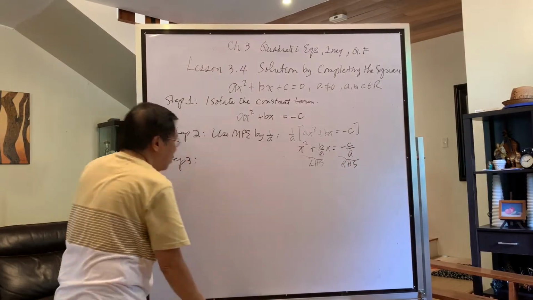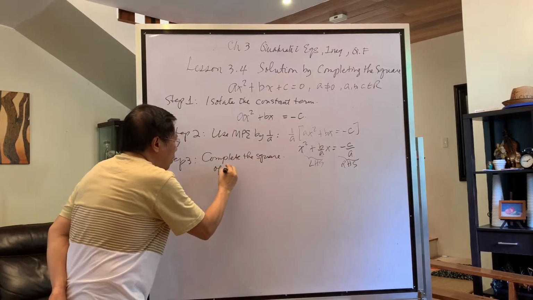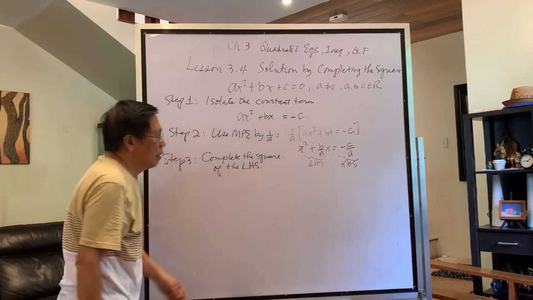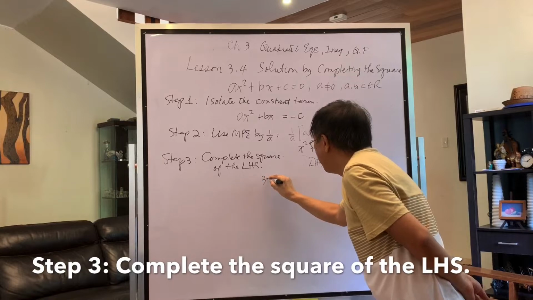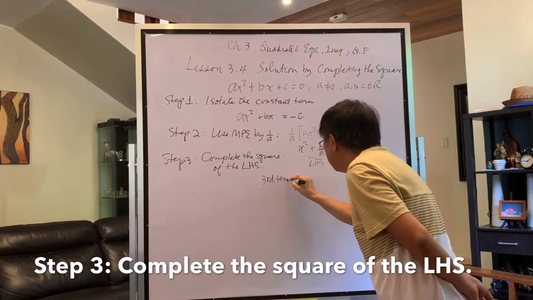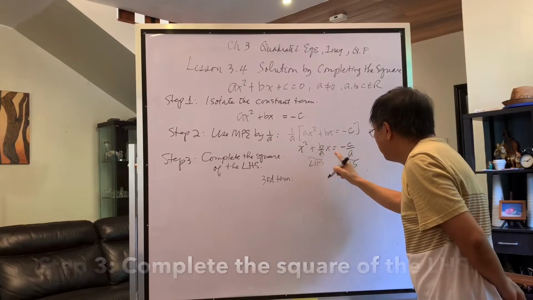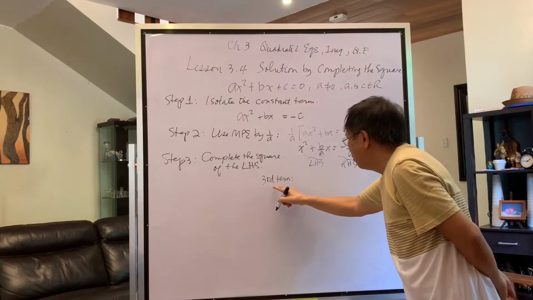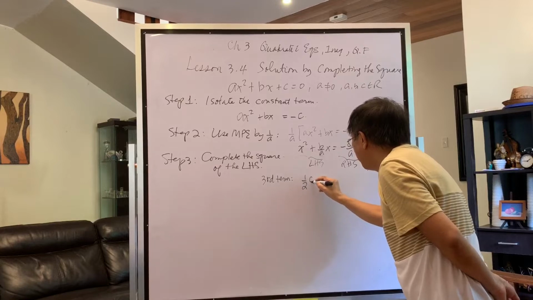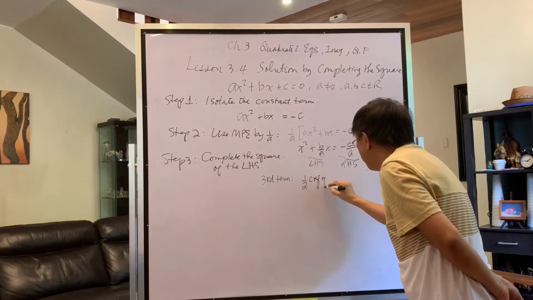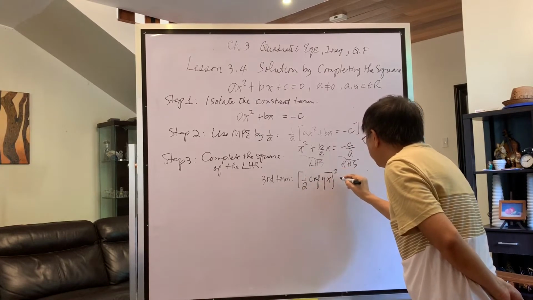Step number 3, complete the square of the left hand side. Completing the square of the left hand side means we want to find the third term that will make the left hand side become a perfect square trinomial. And the formula for obtaining the third term is actually 1/2 the coefficient of the x, or the linear term, and then you're going to square this.